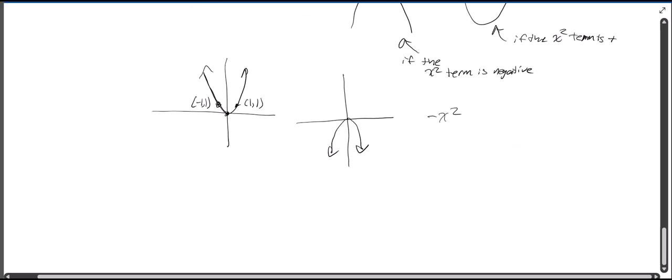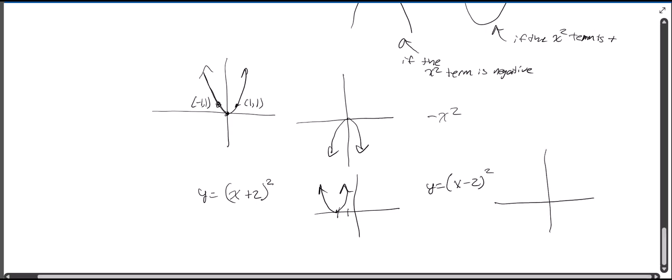And if I put an x plus a number inside the parentheses, that shifts it to the left by 2. If I put a number inside the parentheses and subtract it, that shifts it to the right.